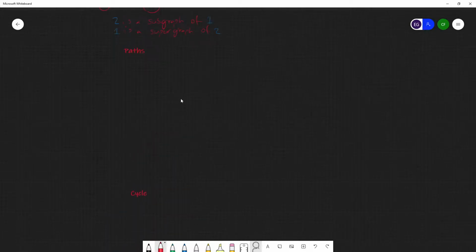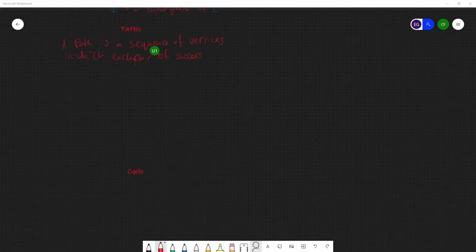So if we move on to paths, I'm going to give a quick definition of a path. A path is a sequence of vertices in which each pair of successive vertices is connected by an edge.